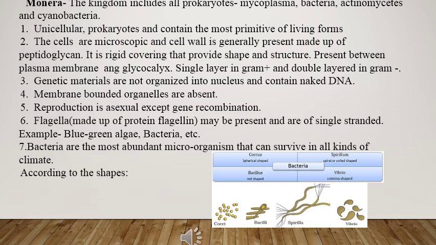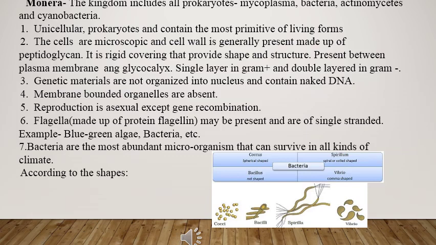If we are talking about hot climate, it is present there. If we are talking about cold, it is present there. Salty area, it is present there. So these Monera, or bacteria, can survive in all climatic conditions.